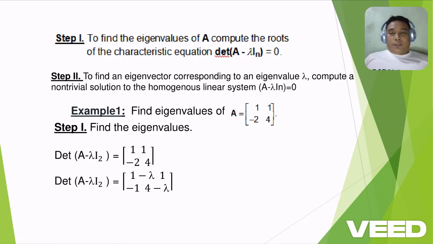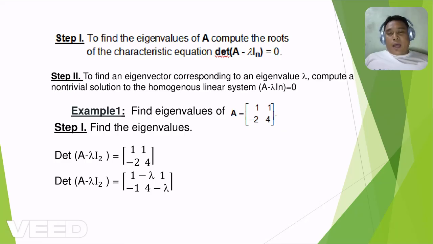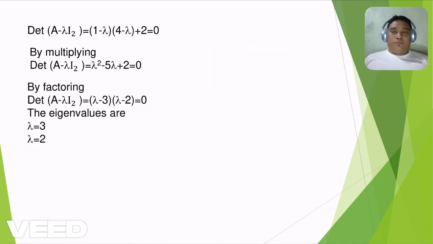So the determinant of A minus lambda I 2 equals the matrix [1, 1; negative 2, 4]. So we subtract lambda diagonally like in this example. From the original matrix, it will be [1 minus lambda, 1; negative 2, 4 minus lambda].